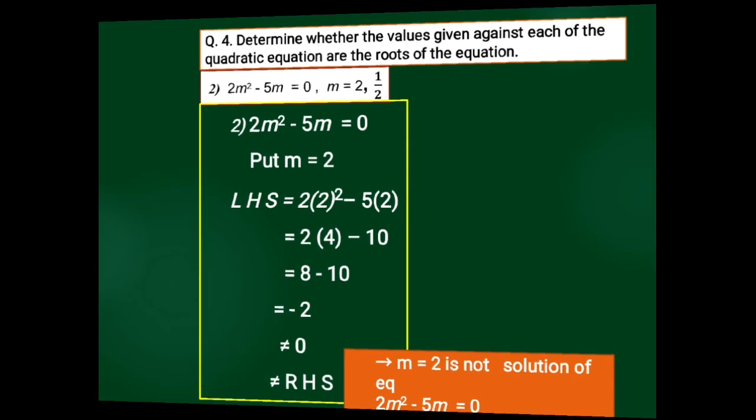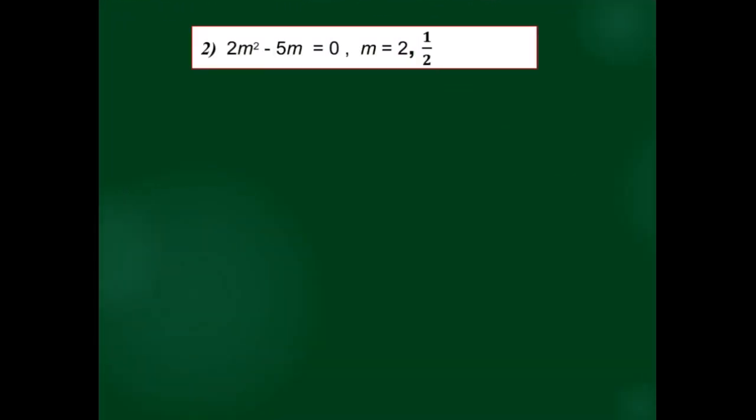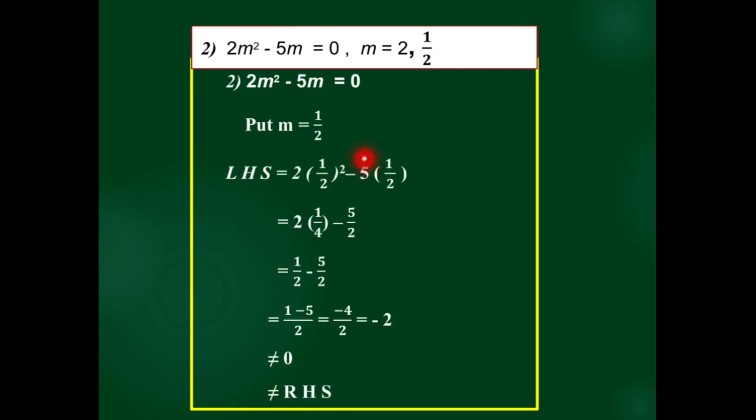See the second value, m equals 1 by 2. We substitute m equals 1 by 2 in LHS. LHS equals 2 into m square, that is 1 by 2 squared, minus 5m, that is 5 into 1 by 2. The square of 1 by 2 is 1 by 4. After multiplying and cancelling this 4 with this 2, we get 1 by 2 minus 5 by 2.